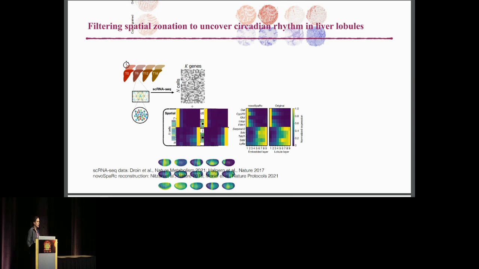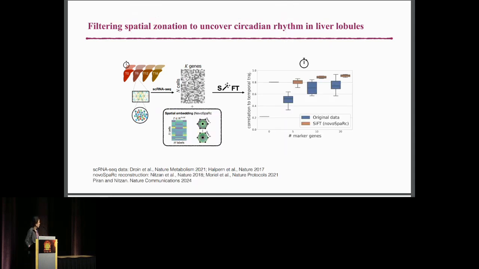But we also know that the cells change their state along the time of day, along the circadian rhythm. What you see here on the right, on the y-axis, is a proxy for our ability to reconstruct the circadian rhythm based on the single cell information.